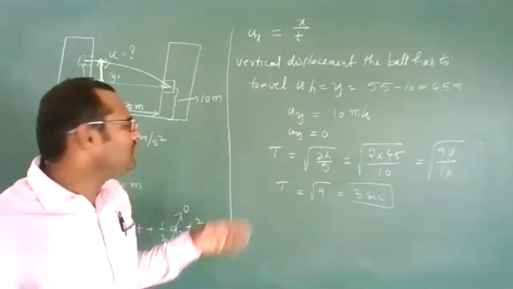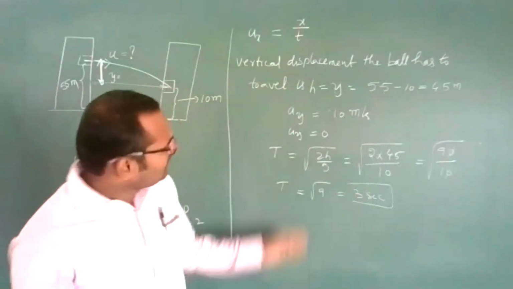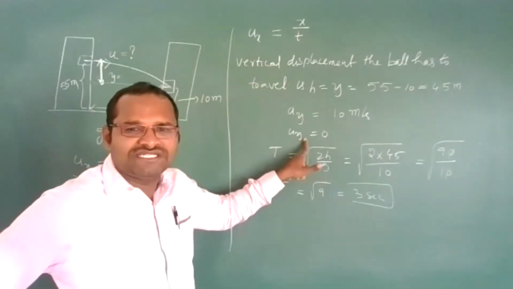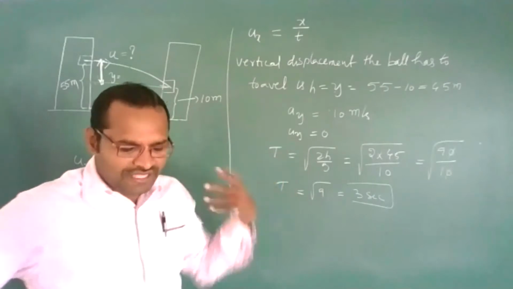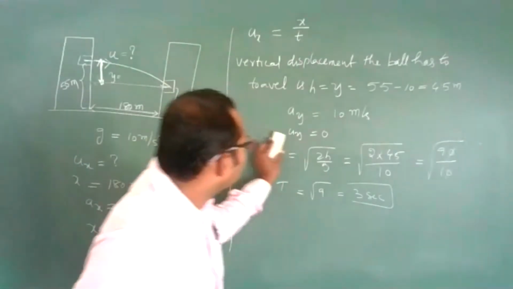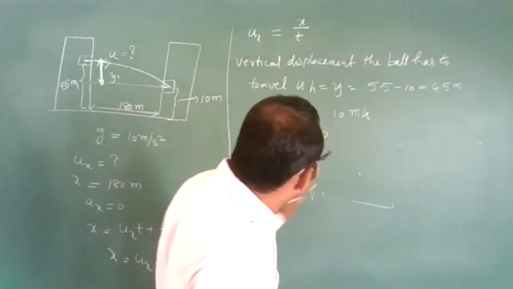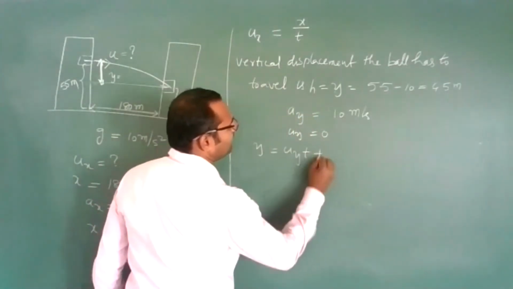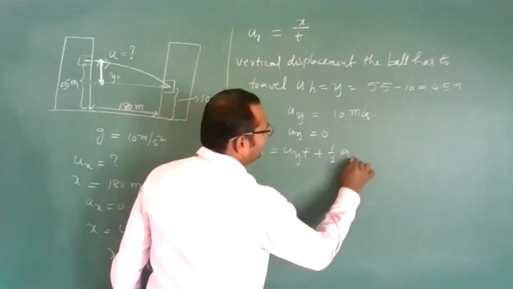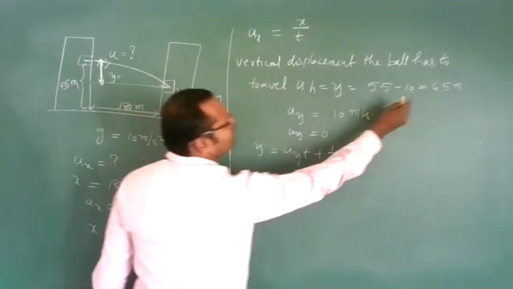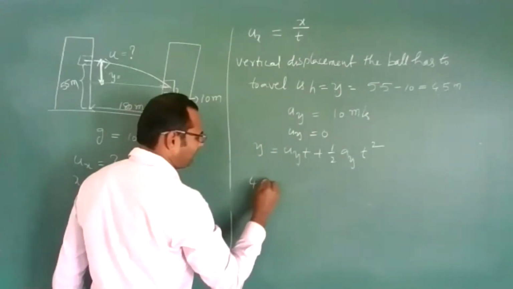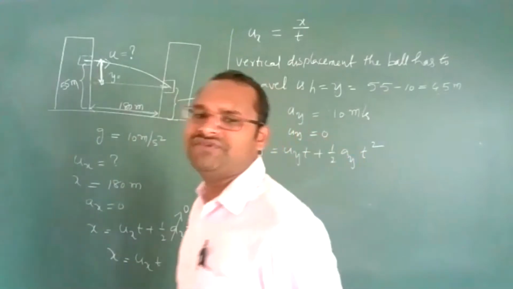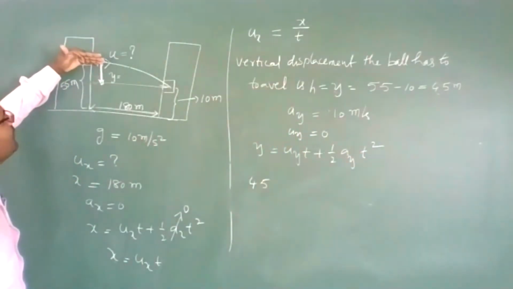This is 3 seconds. So if you are not convinced with this formula, why use this formula, sir? What I am saying is because vertical velocity is 0, I can use this formula. If you are not convinced with this formula, you can go with the other method. What is that method, sir? The vertical distance formula only. y is equal to uyt plus half ayt square. So y, how much distance do we need to travel? 45. But while using this formula, you need to remember the sign convention. From here you are going vertically down.